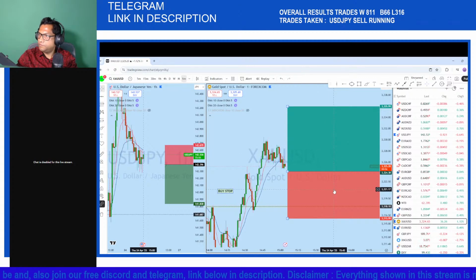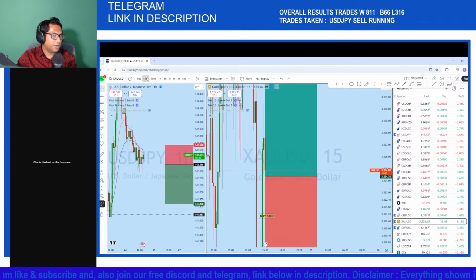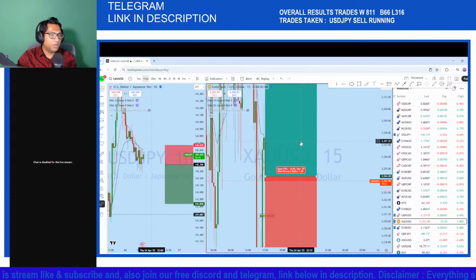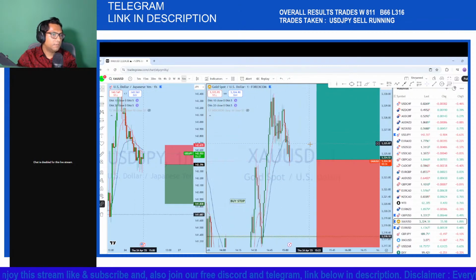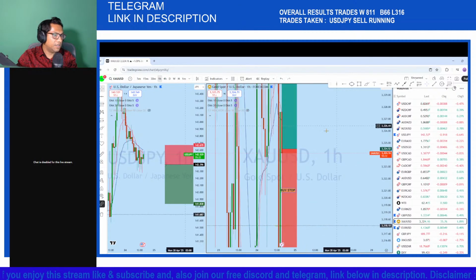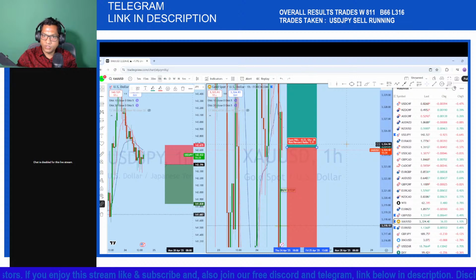and so maybe this trade here coming down to that liquidity zone, and probably it's a failed attempt again from the buyers, so getting some reaction here.